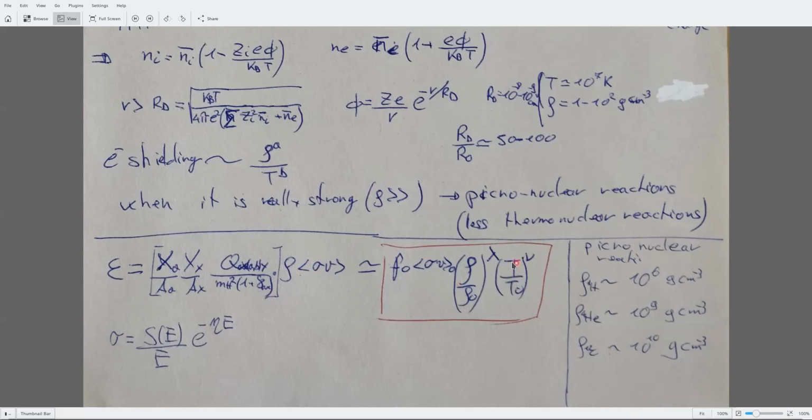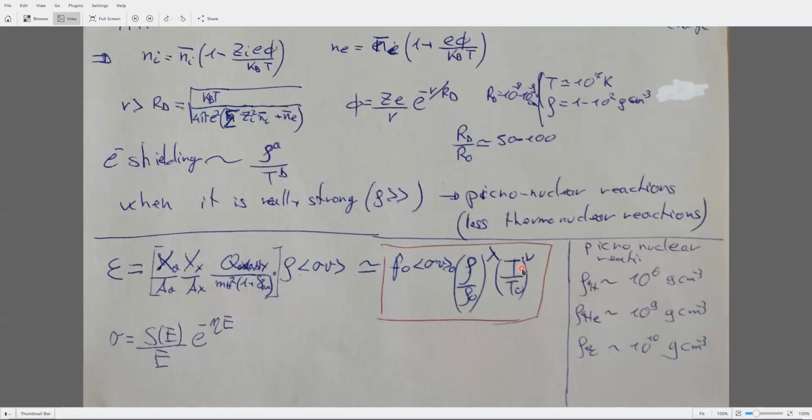and usually it depends on the density and the temperature, each with an exponent. Usually the density exponent is just one. The nuclear energy production goes linearly with the density, while for the temperature it can have several values, even really higher.